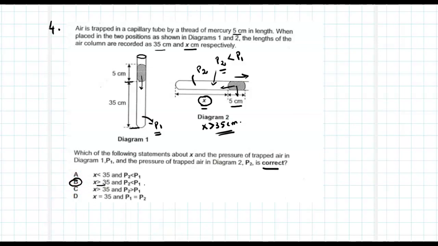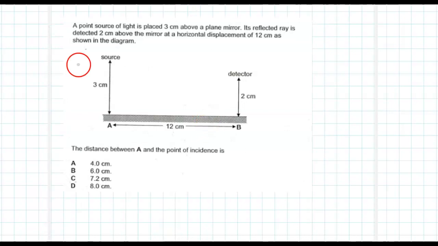So next question is a very interesting question. It is about light. A point source of light is placed 3 centimeter above a plane mirror. So here is the plane mirror and here is a source, 3 centimeter above.